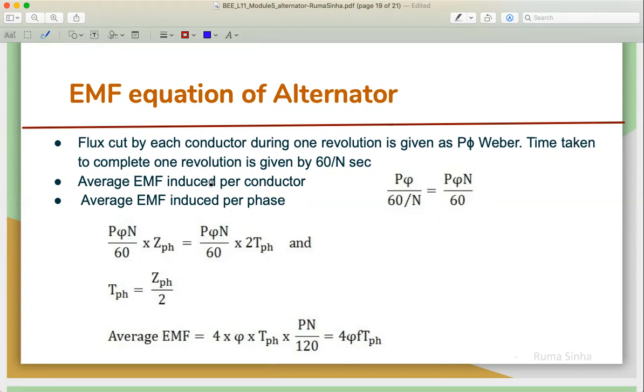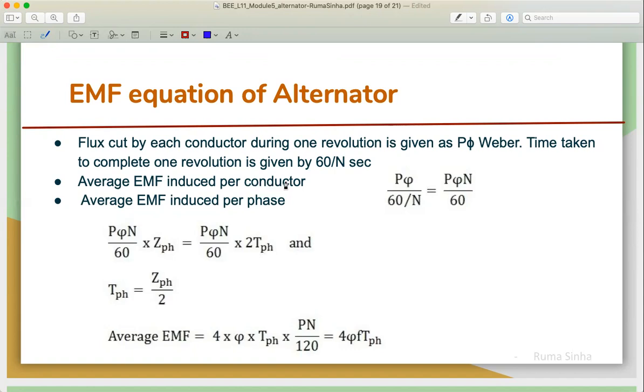How do we calculate the average EMF induced per conductor? Total flux divided by total time. So for one rotation, this is the total flux and this is the time. So flux by time is P phi N by 60. This is the average EMF induced per conductor.